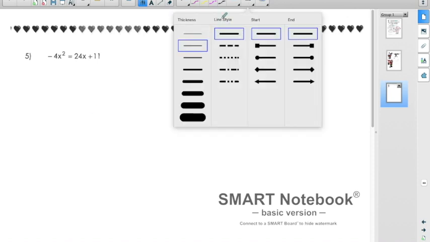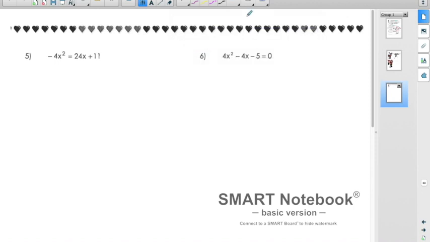So last one, number 5. First thing we should be doing is getting variables on one side and the constant on the other. So if I see negative 4x squared is on this side, the first thing I really want to do is get rid of that negative, right? I hate working with negatives. So I'm going to add 4x squared to both sides.